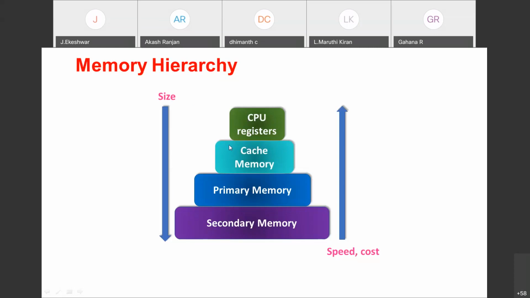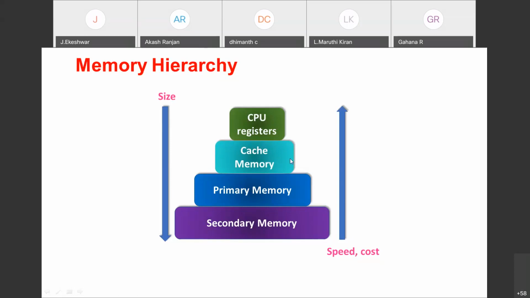Compared to cache memory, primary memory size will be more. Compared to primary memory, secondary memory storage capacity will be more. So size is increasing. With respect to speed and cost, we can see here that the speed of secondary memory is slower compared to primary memory.